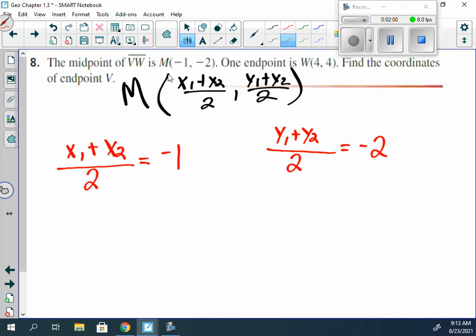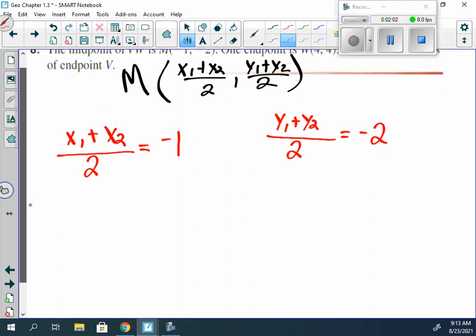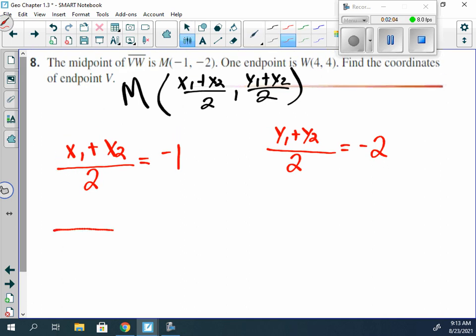I know one of the endpoints is 4, but since I don't know the other one, I'll just call it x. For y, we'll have 4 plus y divided by 2 is equal to -2. So we're just plugging in those values for their given spots. Any questions on this so far?